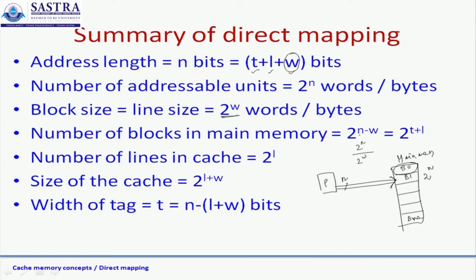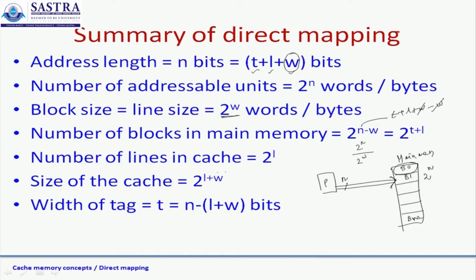So in total 2 power n minus W blocks are available in main memory, and we know n equals T plus L plus W, so minus W gives 2 power T plus L: the sum of tag bits and line bits.